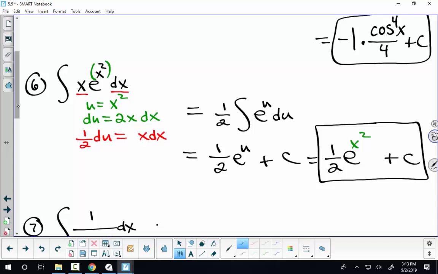So that 1/2 is just built into this du. Since our u is 4x, our du is 4dx, and we don't have a 4 present in here. So that's when we divide by 4. This 1/4 du, that 1/4 is this 1/4.